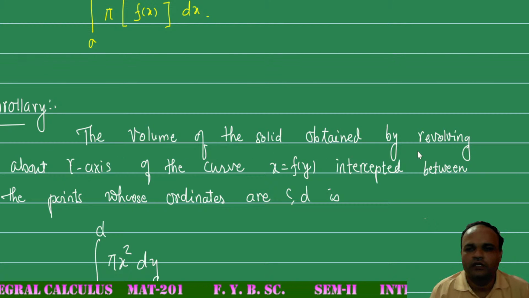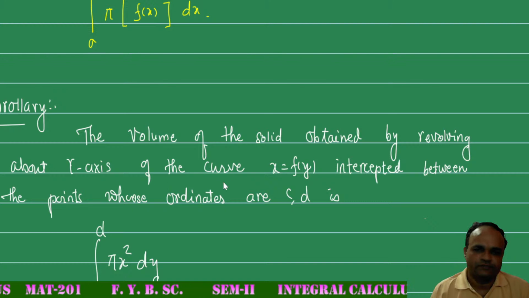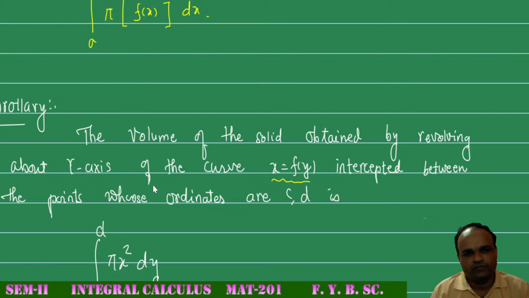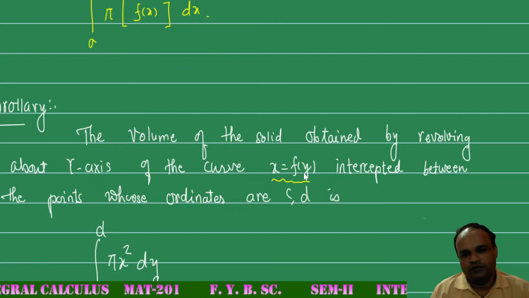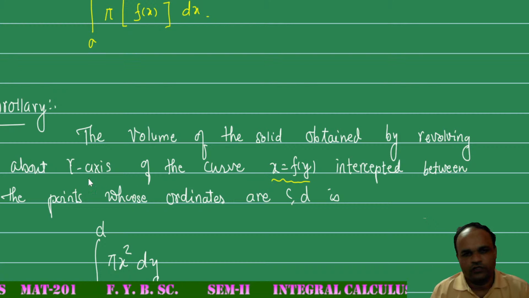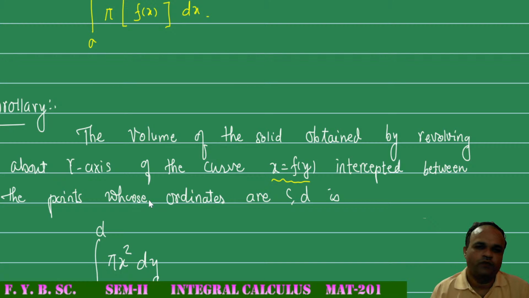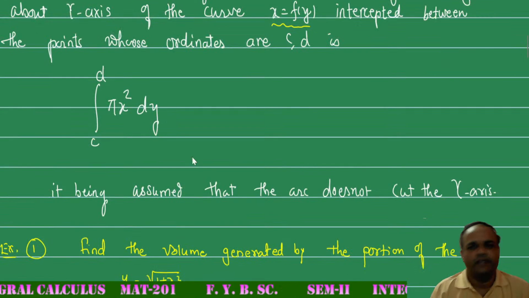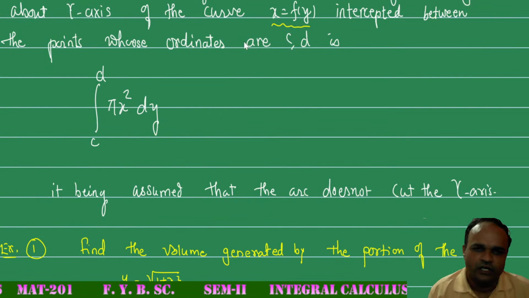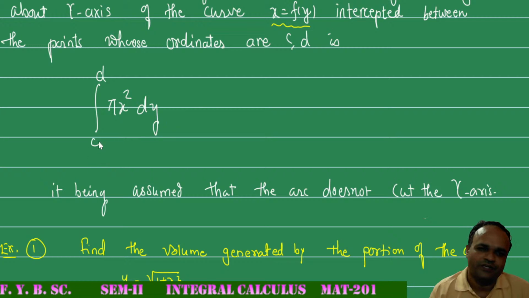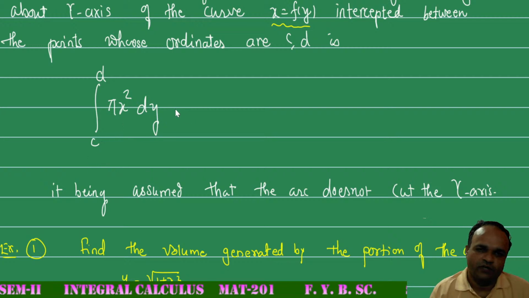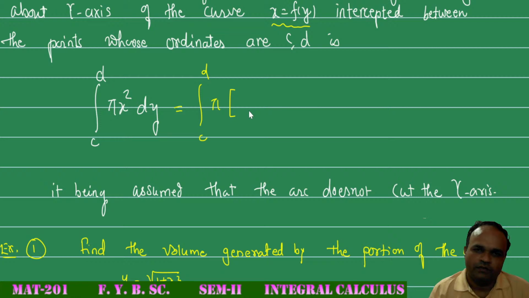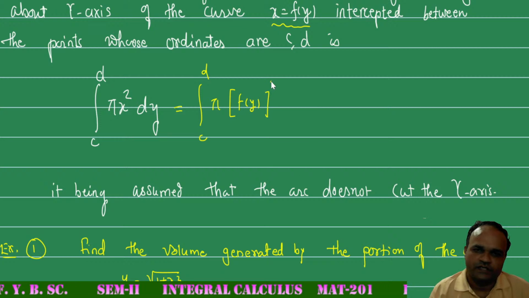The volume of the solid obtained by revolving about the y-axis the curve x equal to f(y), which is symmetric about the y-axis, with the axis of revolution being the y-axis, and intercepted between the ordinates y equal to c and y equal to d, is given by the integration from c to d of pi x square dy, or equivalently the integration from c to d of pi, f(y) its square dy.